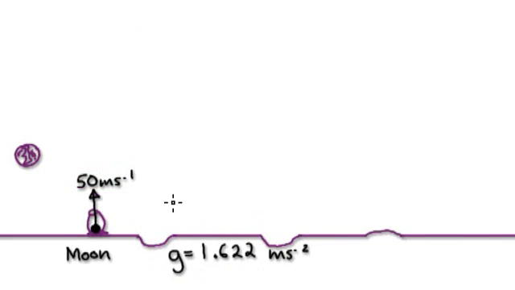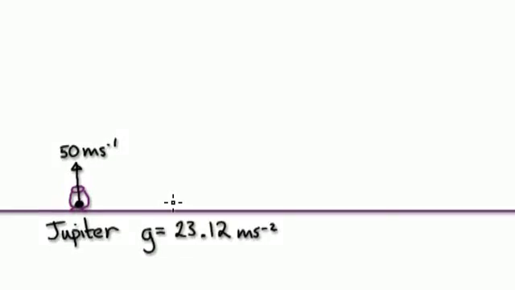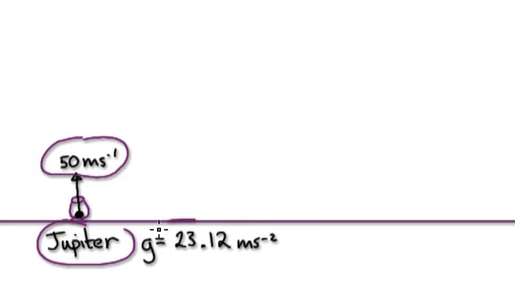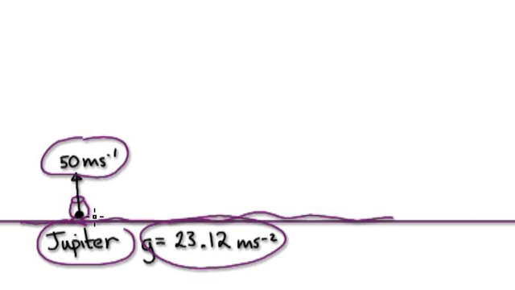Okay, but before you do it, let me just quickly give you an example. So here we're still shooting the cannonball at 50 meters per second, but on Jupiter, the gravity is 23.12. Jupiter is just a ball of gas, so you have to imagine that we've got a platform to rest our cannon on.